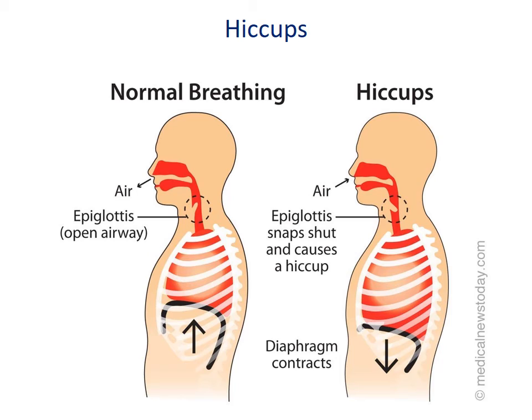Our epiglottis snapping shut is what causes that hiccup sound. So every time the diaphragm spasms, it contracts and flattens and causes a quick decrease in pressure, and causes that epiglottis to snap shut.